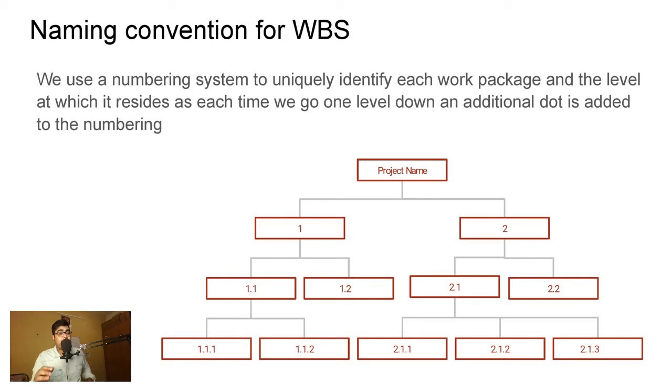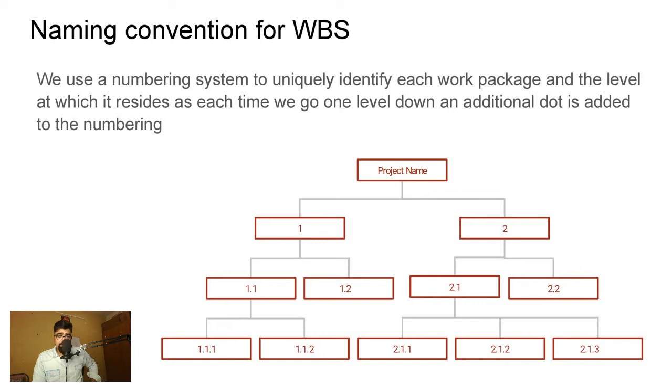The next one is naming convention for a WBS. So we usually use a numbering system to identify each work package and the level at which each of it resides. If you look at this particular flow diagram, you will see that the project name is written on top, followed by divisions as 1 and 2, forming a tree, and then that getting subdivided into 1.1 and 1.2, respectively 2.1, 2.2.